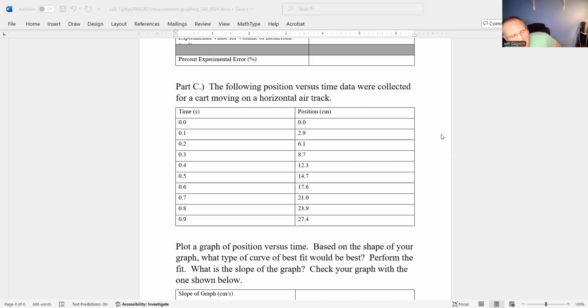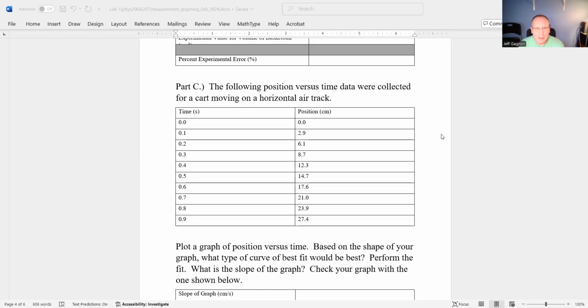Okay, and then the last part of this first lab was just giving you some practice on graphing. So first of all, using everything you learned from the good graphing techniques handout and from the video lecture, and then getting a little practice using Pascal Capstone to actually plot your graphs.